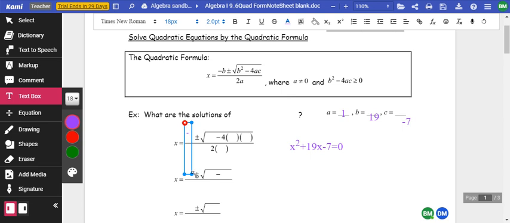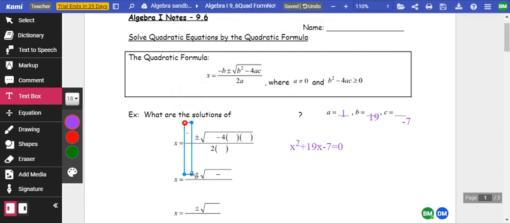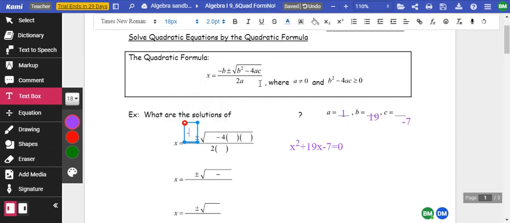Now, right in here, we're going to say 19 squared, minus 4, and then we put A, which in this case is 1, times C, which is negative 7, all over 2 times A, which is 1.